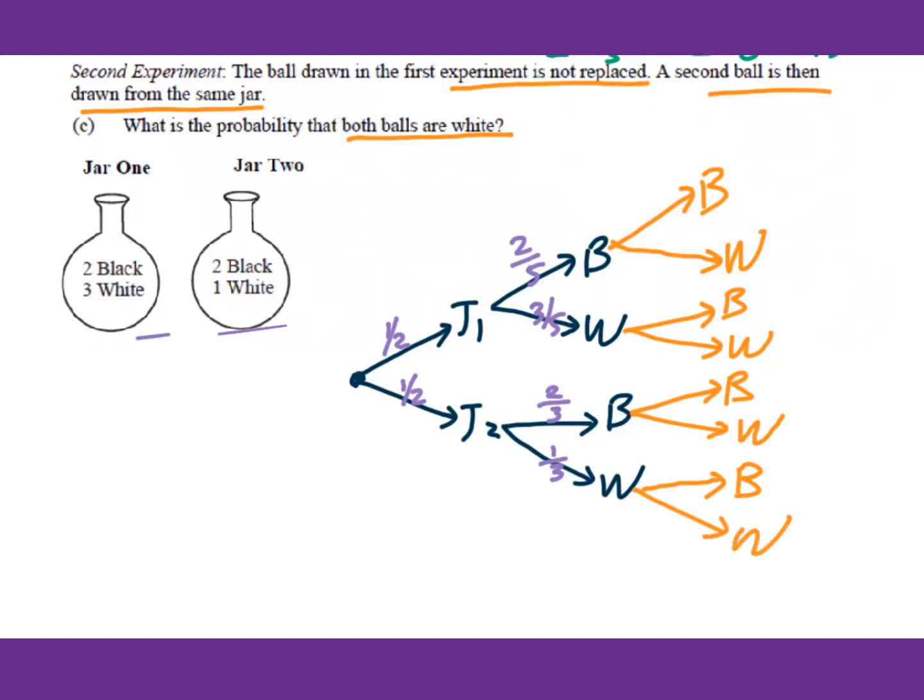Let's check the probability. Since this is a dependent event, you always go to the same color first. After you draw the black ball, this is a dependent event. Remember how you get the probability of getting the same color, black.